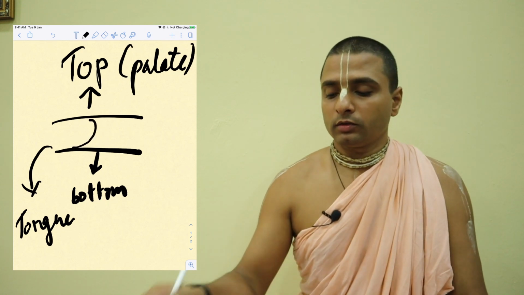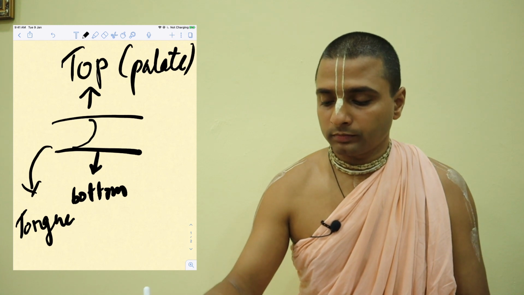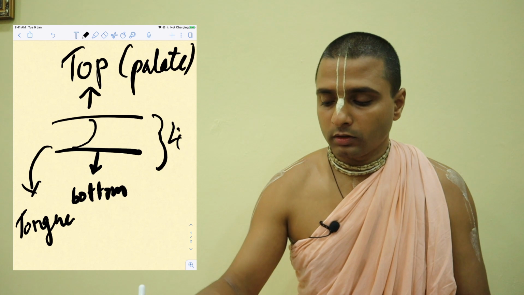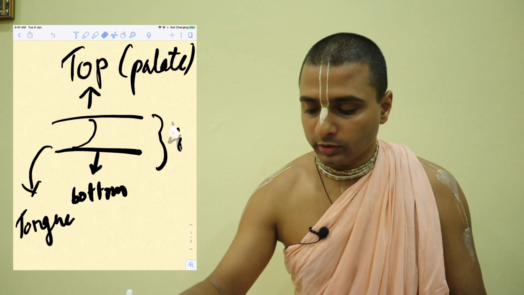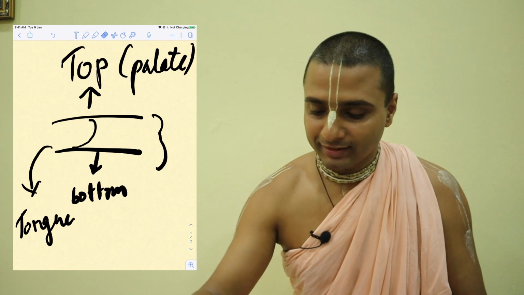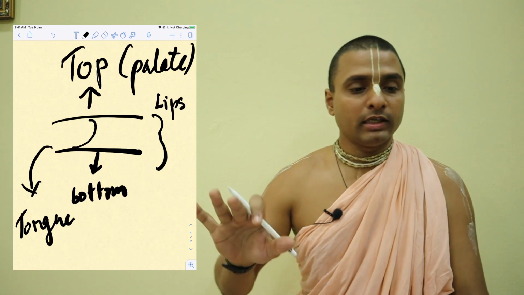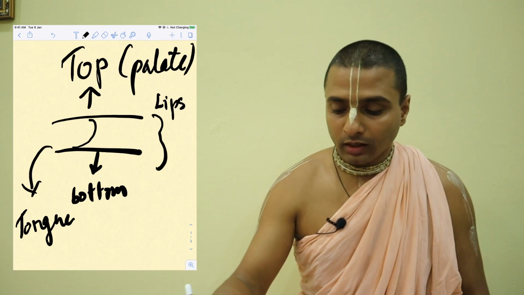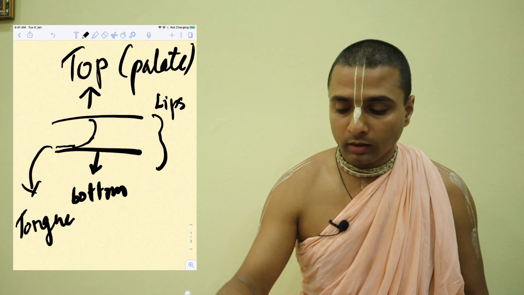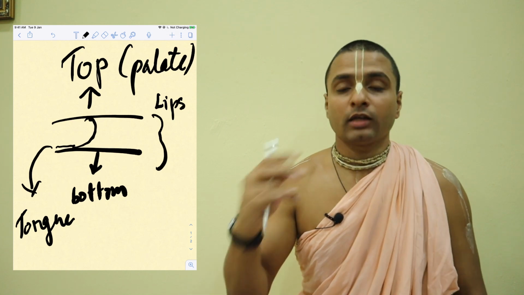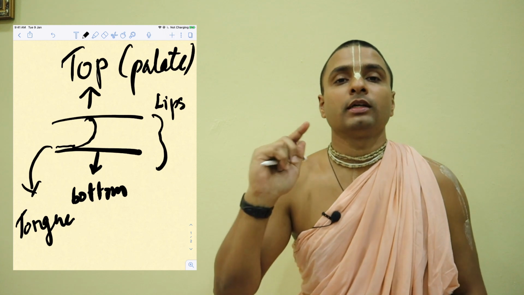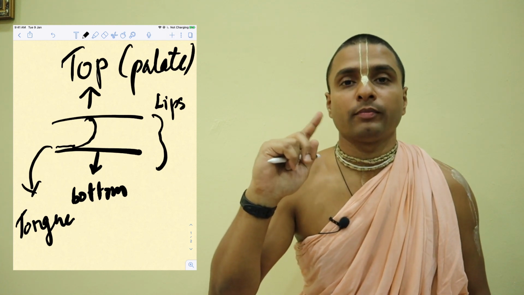So this is the mouth, this is the lips, say. If this side is the lips, the tongue from the back of the mouth comes like that and touches the top. That is retroflex "ta". It is produced from there.